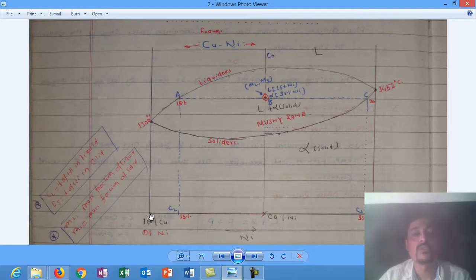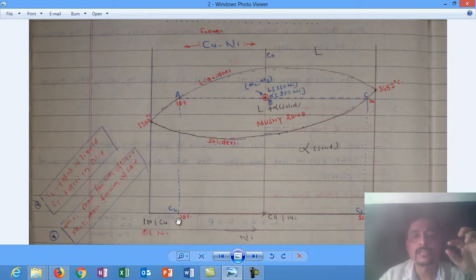As we move from left to right, the percentage of copper decreases and the percentage of nickel increases in composition. Suppose at this point the percentage of nickel is 15%. That means the percentage of copper will be 85%. The sum of both compositions should be equal to 100%.